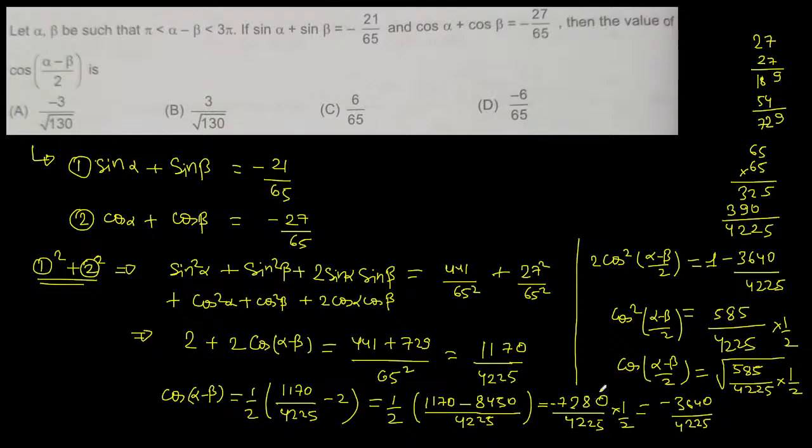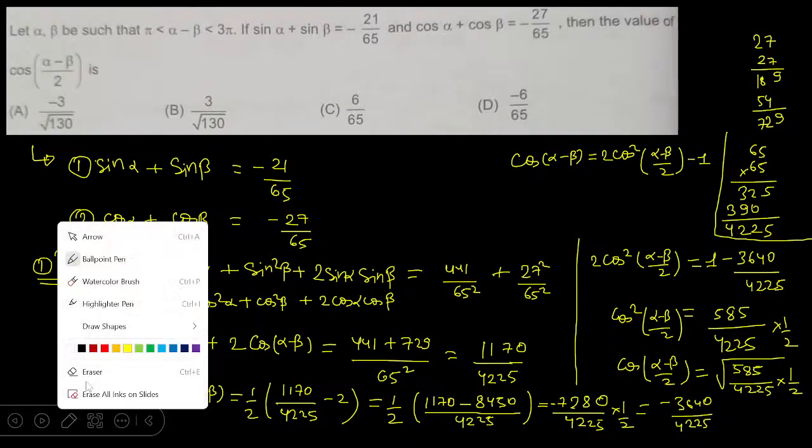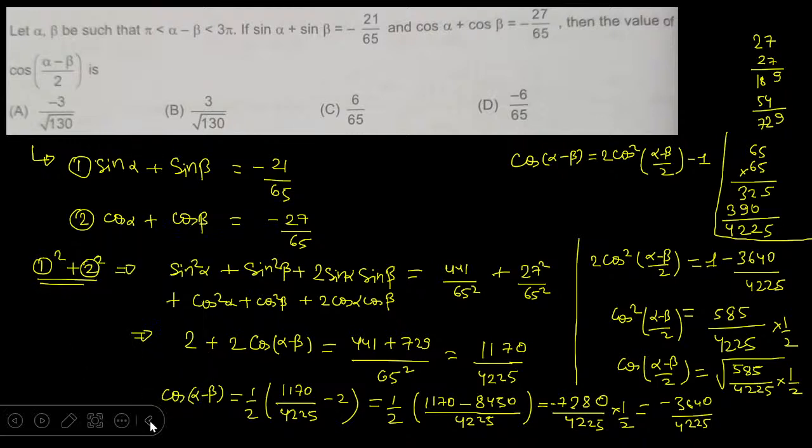We should be knowing that cos alpha minus beta is 2 cos square alpha minus beta by 2 minus 1. This is what we have studied earlier.